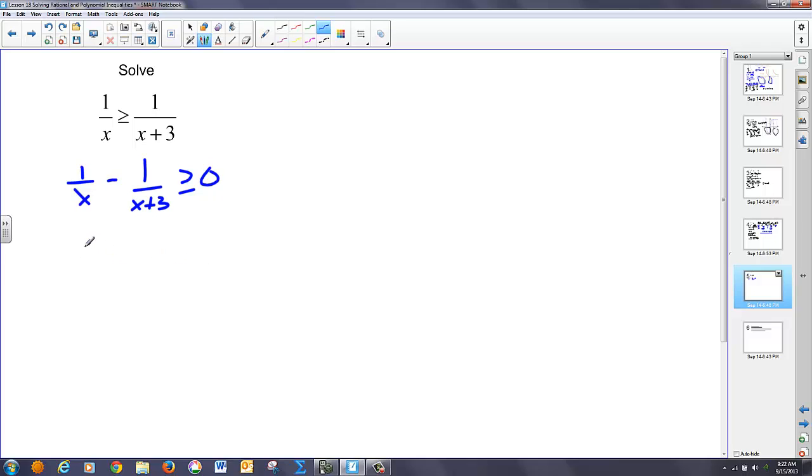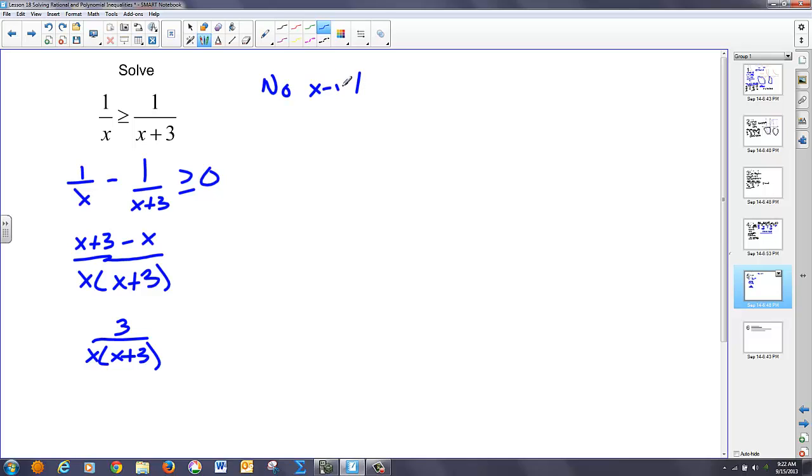So now I have to do a little addition. (x plus 3) minus x over x times (x plus 3). I just got a common denominator, which gives me 3 over x times (x plus 3). So now I have no x-intercepts.